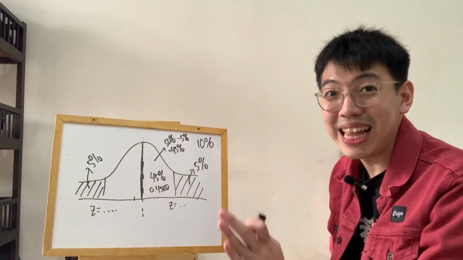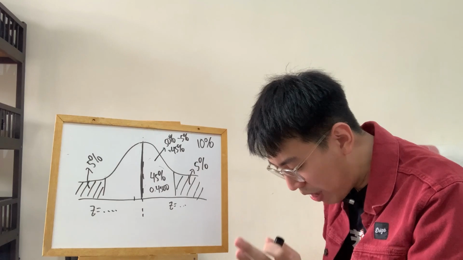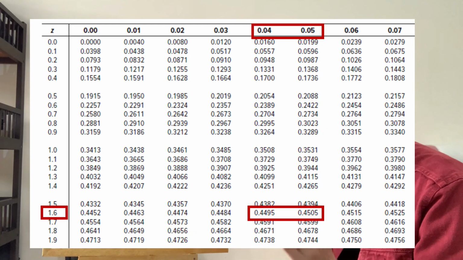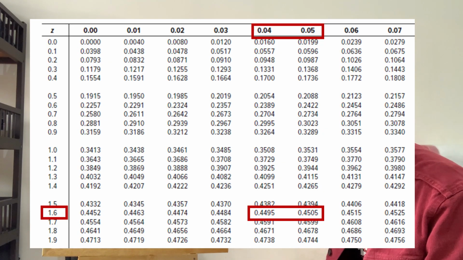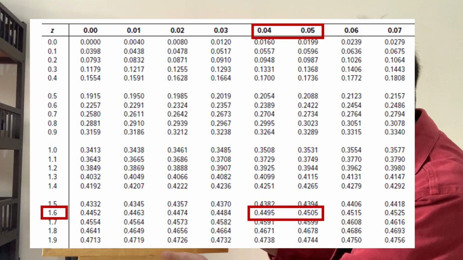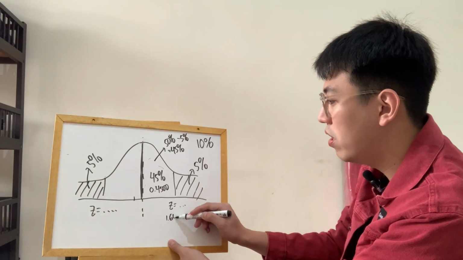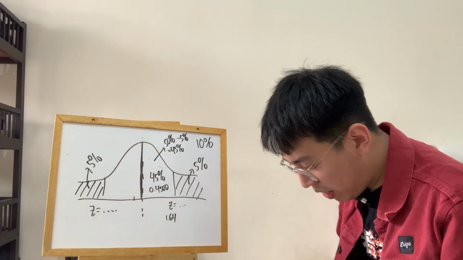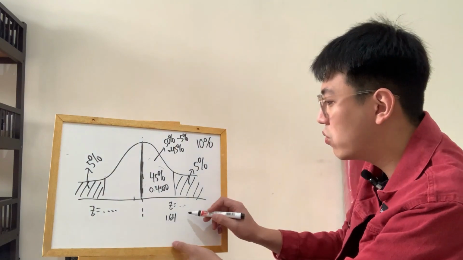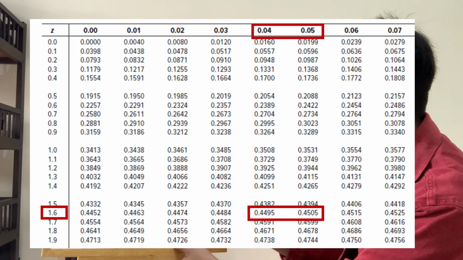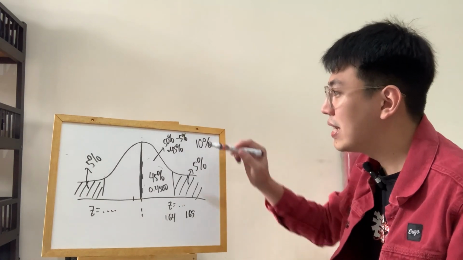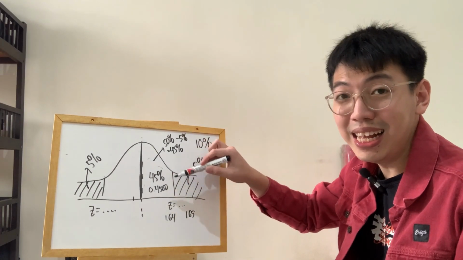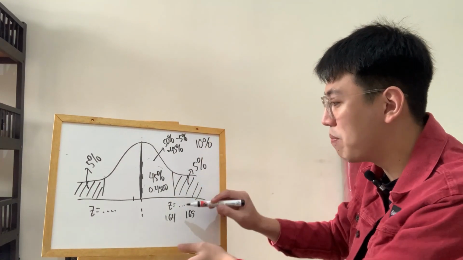It is in the center between 0.4495 and 0.4505. 0.4495 is 1.64. 0.4505 is 1.65.